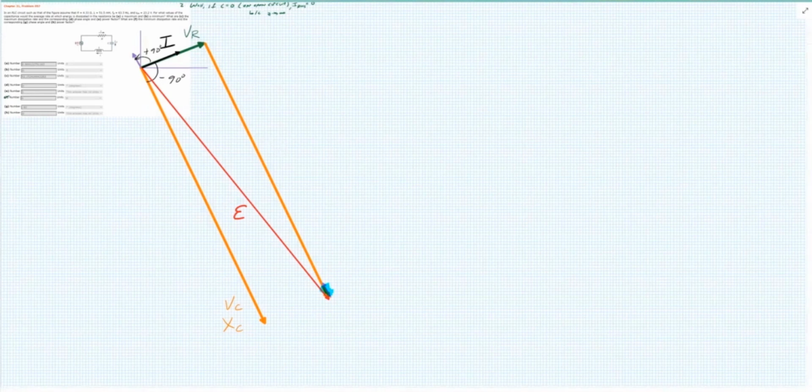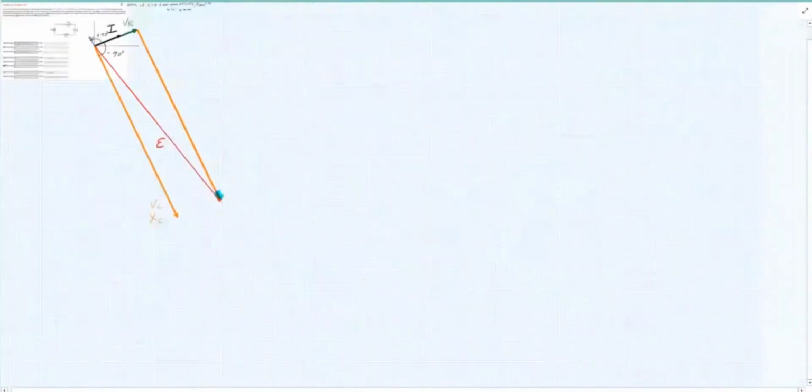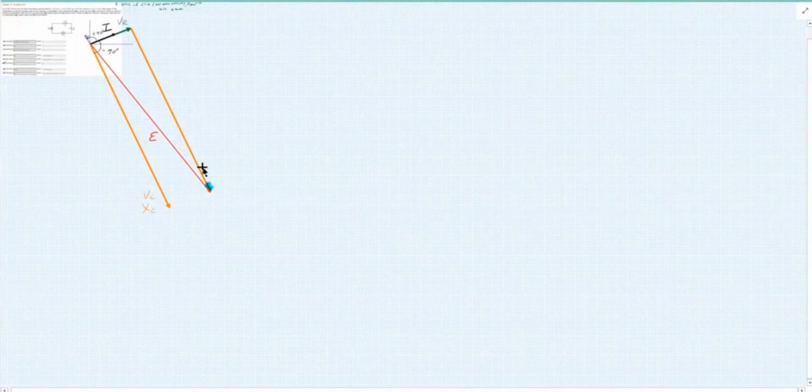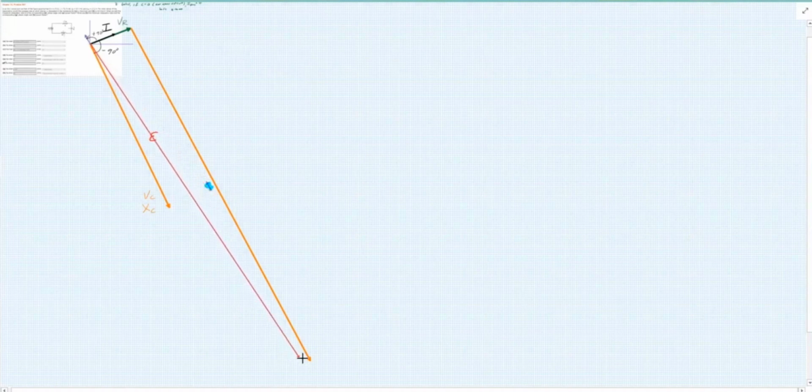What if this orange line truly goes off to infinity? As this keeps getting longer and longer and goes off to infinity, this red vector basically starts to do that. If this orange line went to infinity, my red vector would keep going like that.